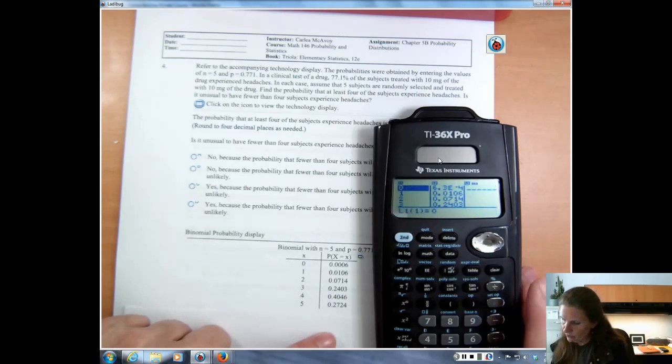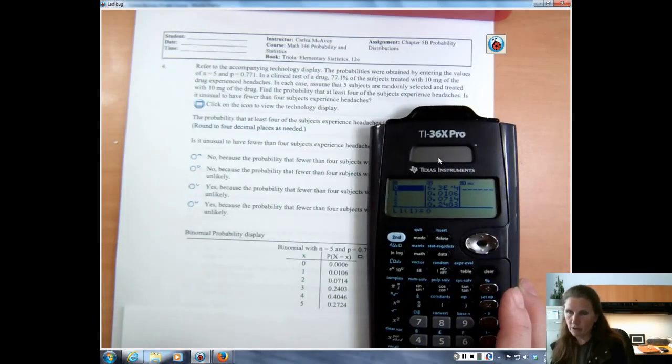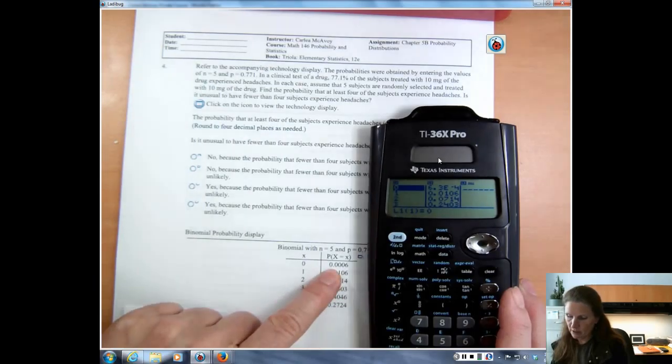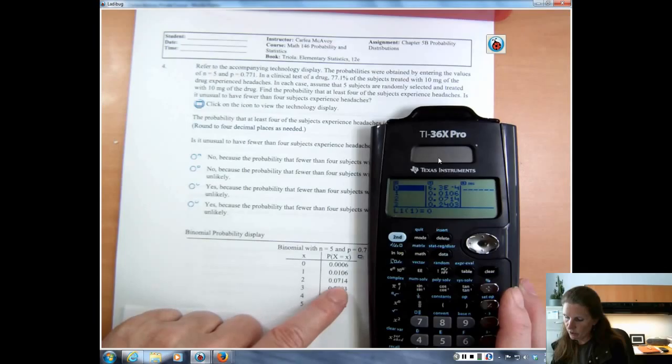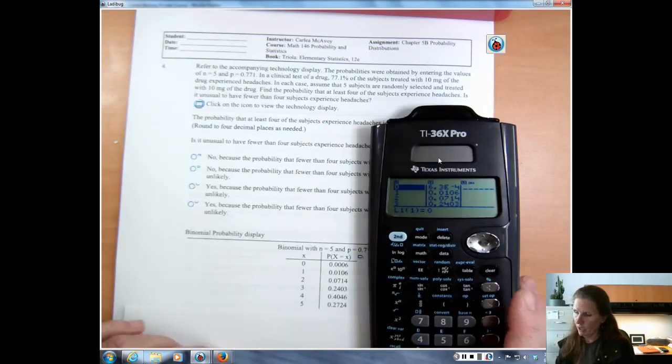And you can see that for 0, my calculator says 6.3 to the negative 4th power, which means we move it over 4 places and it gets 0.0006, 0.0106, and so on. It's the same numbers that they had, but we could do that on our own. We wouldn't have to have somebody do that for us.